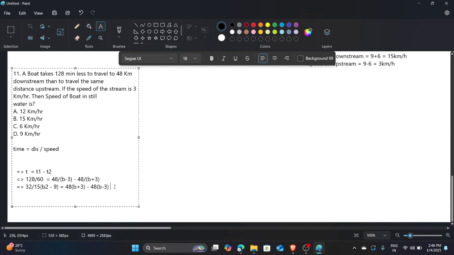From here we have v square equal to 9 into 15 plus 9, so 9 into 16. Here now the v value is 3 into 4, so 12. So I solved this equation and we get v equal to 12, and this is the speed of the boat in still water.